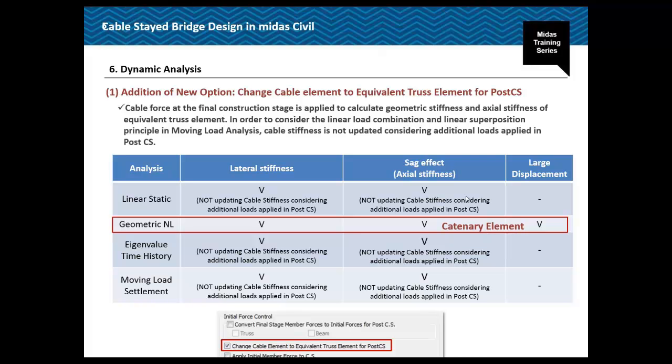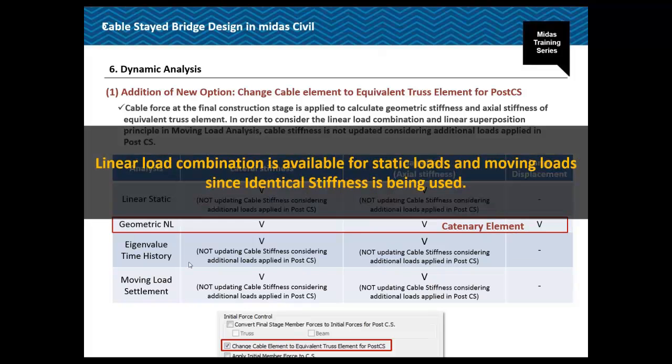So for calculating the axial stiffness of the cable, only the force applied in the construction sequence is considered. And this one stiffness is applied in the linear static analysis in post-CS, or eigenvalue, or moving load. So now we can consider the linear load combination for the static loads and the moving loads, since they are using the identical stiffness.